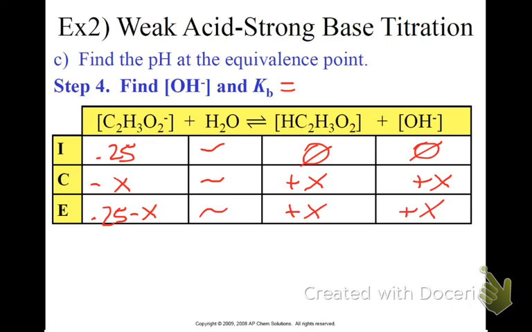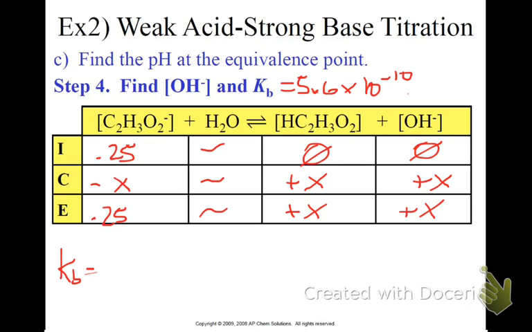So Kb that we found earlier was 5.6 times 10 to the negative 10th. And if we just think about this real quick, subtract 5.6 times 10 to the negative 10th from 0.25, you're still going to wind up with 0.25, and so that minus x is irrelevant. So now we can go ahead and find out what the concentration of hydroxide is going to be by plugging it all into the Kb equation.